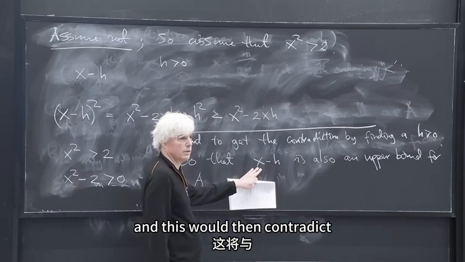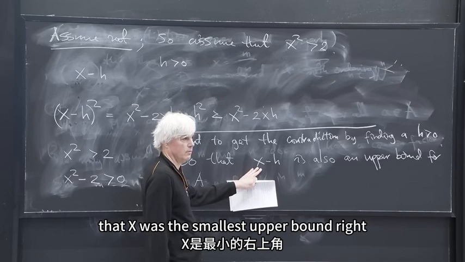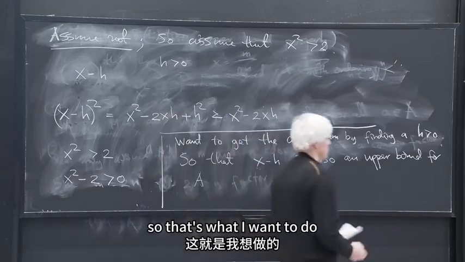And this would then contradict that x was the smallest upper bound, right? So that's what I want to do.